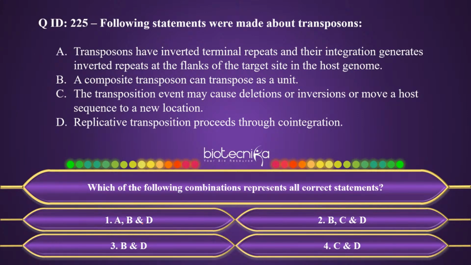Then it says that a composite transposon can transpose as a unit. Option C says that the transposition event may cause deletions or inversions or move a host sequence to a new location. And the last option says that replicative transposition proceeds through co-integration. So out of these options, which are the right ones?